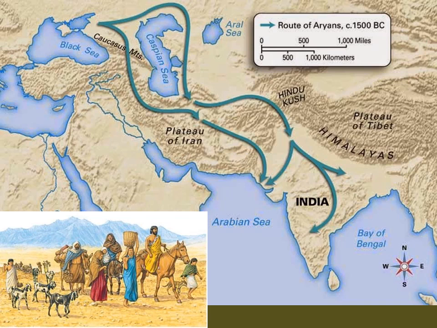So the migration of this group of people known as the Aryans. We've talked about the features of the Indus Valley civilization. Now, what about the features of this Aryan civilization?